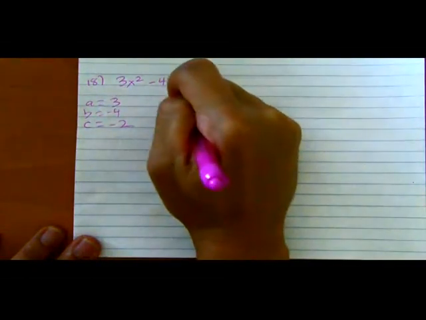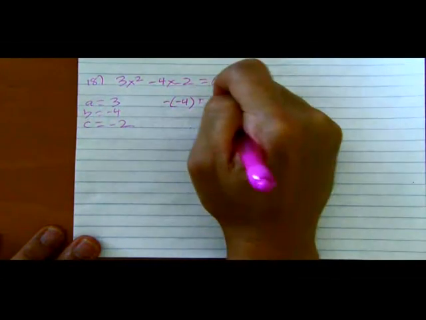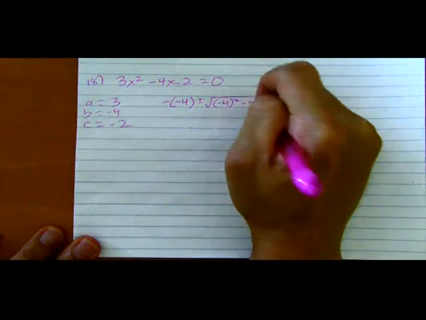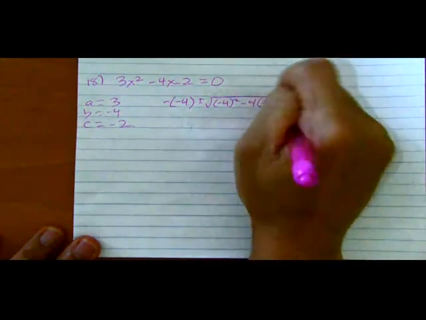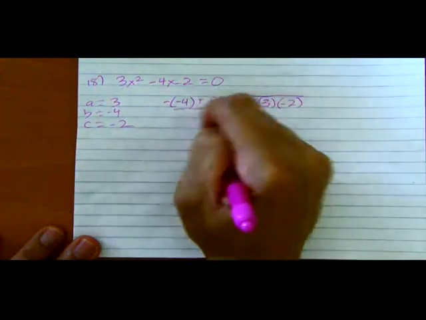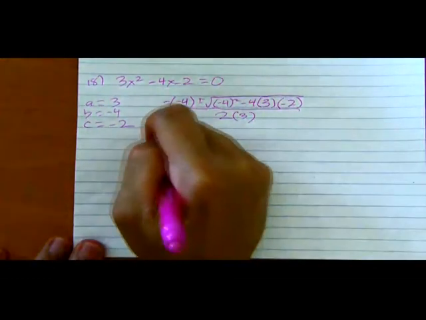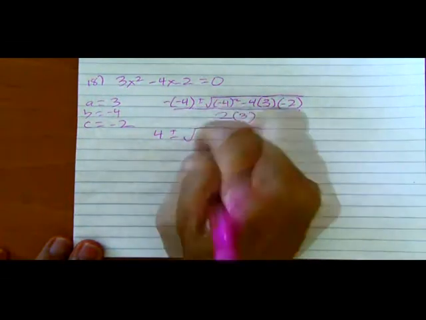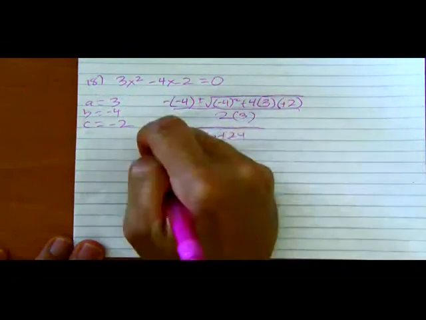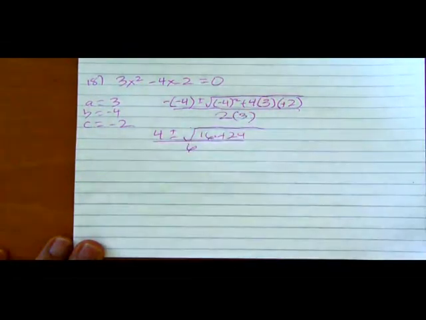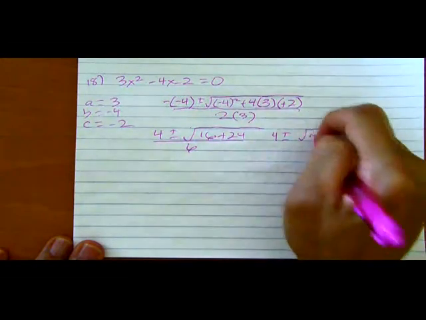The opposite of negative 4 plus or minus square root negative 4 squared minus 4ac over 2a. 4 plus or minus 16, the negatives cancel, plus 24 over 6. 4 plus or minus square root of 40 over 6.